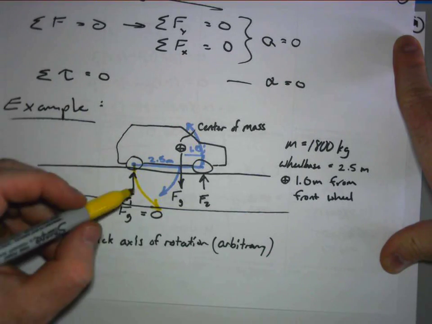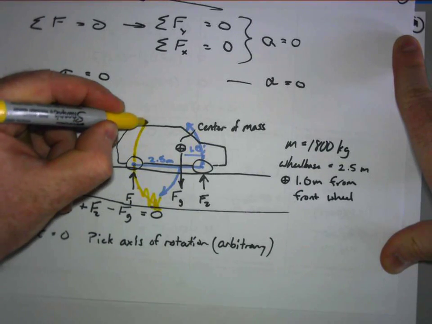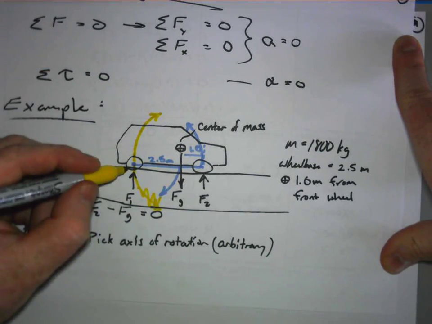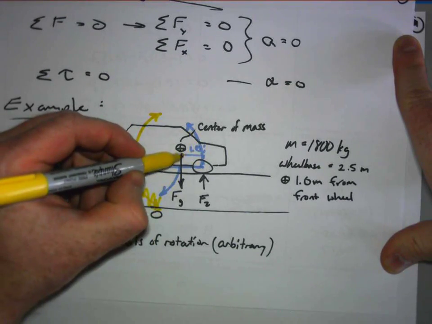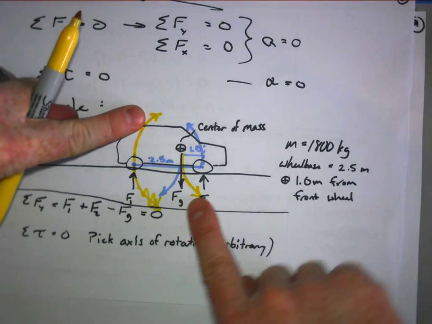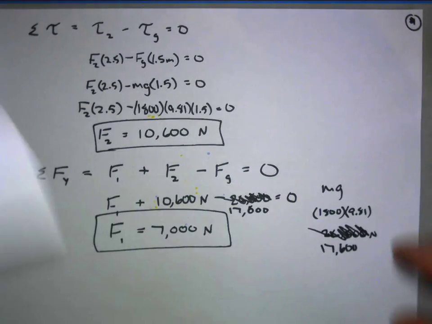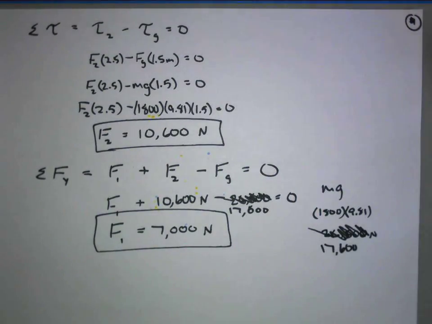Sorry. Clockwise torque here, because that force is going this way, and counterclockwise torque here. But again, those 2 torques would balance, and it would work out, and I get the same answer. Okay, that's all good stuff.